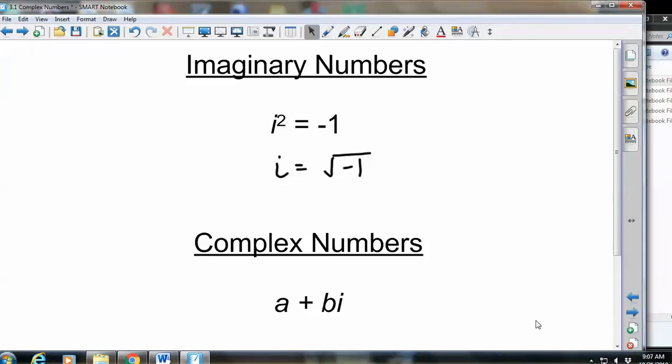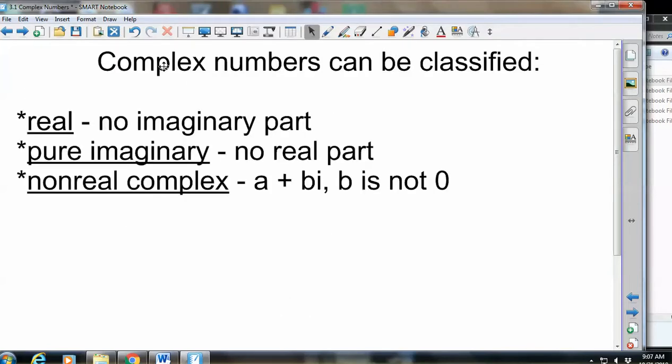We can classify our complex numbers. These terms you might want to write down. They're probably not terms that you've used before, but we should be able to figure out what's what. A real number, we've seen real numbers. That's a number that doesn't have an imaginary part, just something like 5, -3.